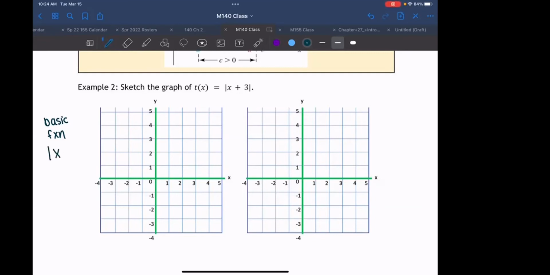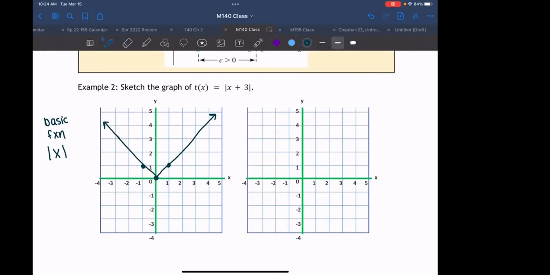The absolute value of x is our baseline function here. Copying the graph from our first page, we have our important points, and it's shaped like a V, right? So our absolute value function looks like a big V.